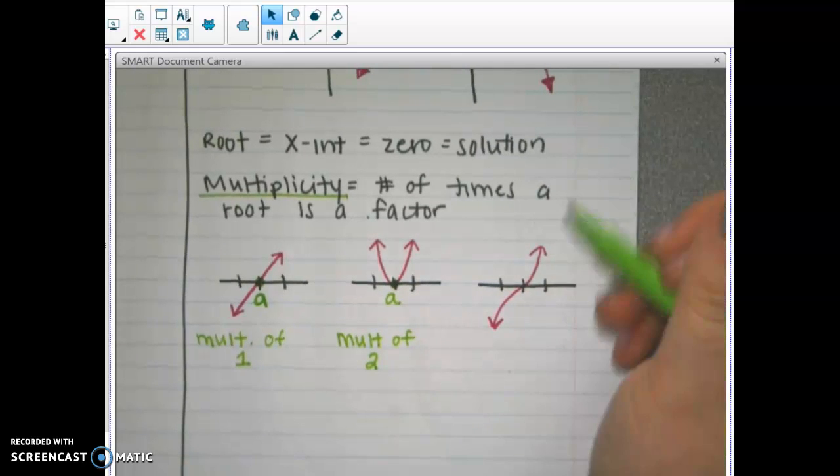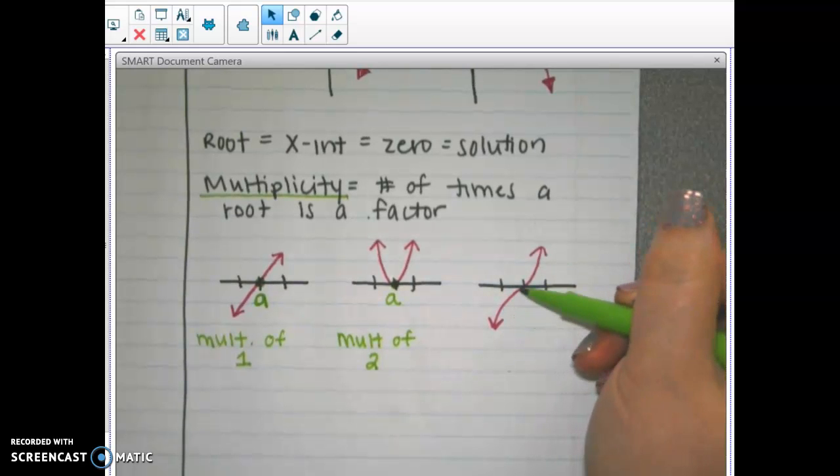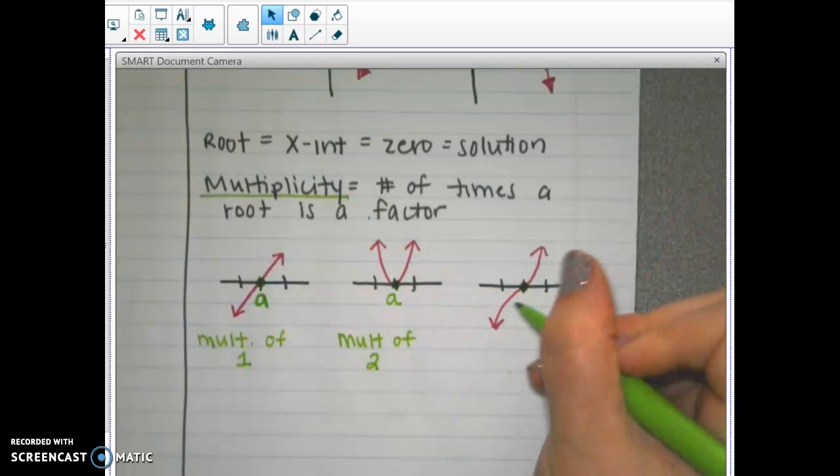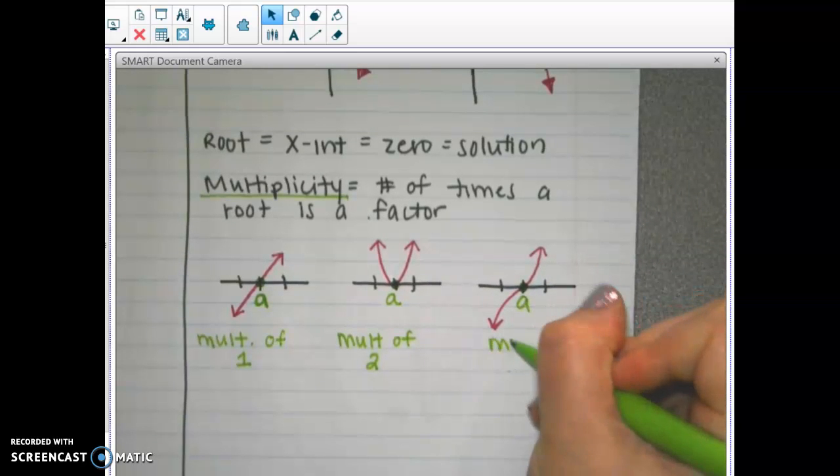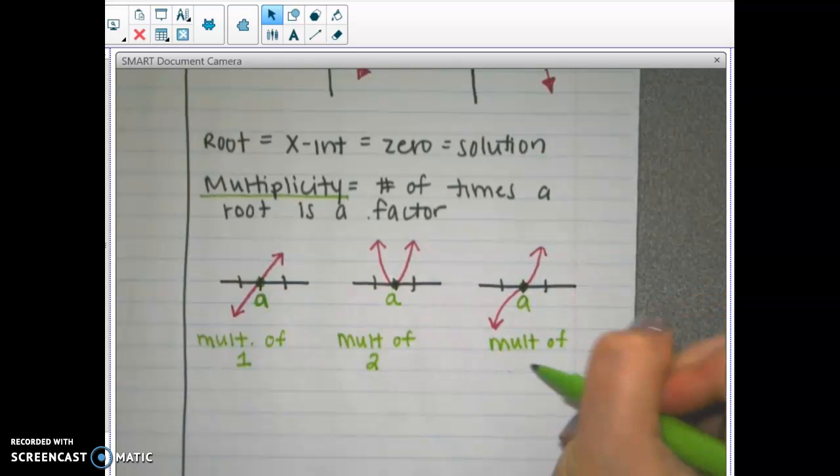All right, and then if we look at this closely, the way that this is going through the x-axis, it's not straight, but it looks cubic as it's going through the x-axis. So if it looked like that, it would have a multiplicity of 3.